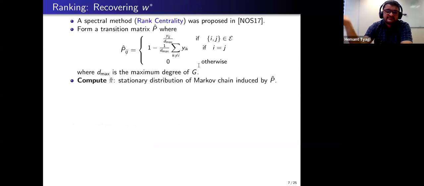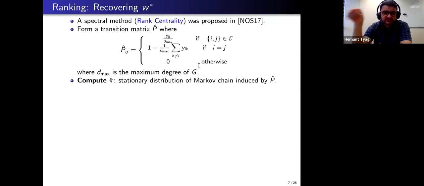A very elegant method which proceeds as follows. So given this pairwise data, we construct a random walk on the graph. Okay, so this random walk has this transition matrix P hat, which we construct, and P hat is defined as follows. So for each edge ij, your P hat ij is really Yij scaled by the maximum degree of the graph.